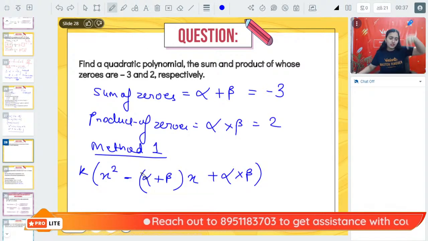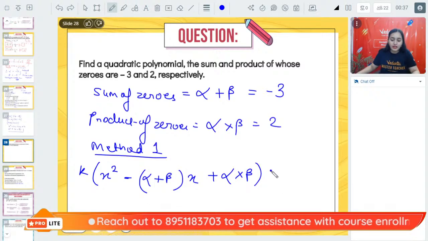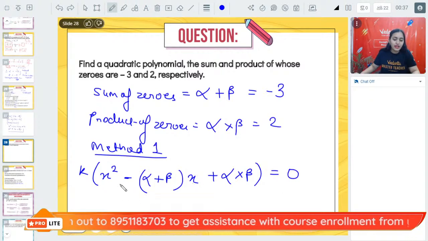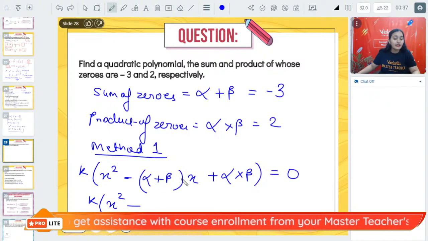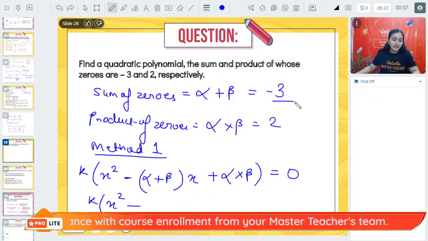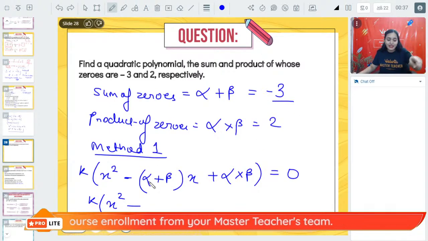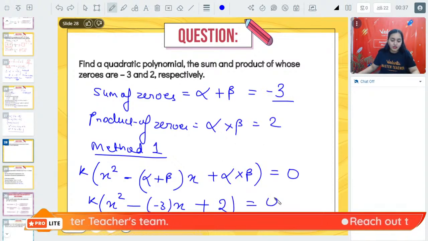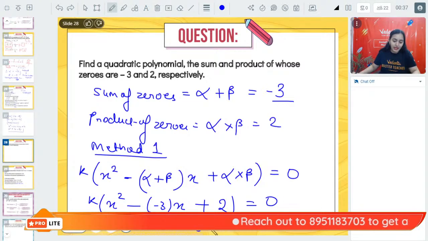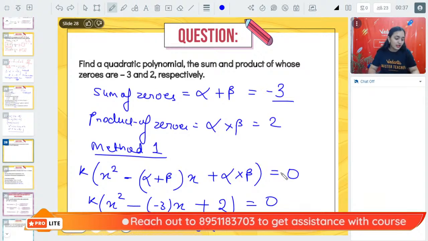Once you put the values here, what are you going to get? k into x square minus, what is alpha plus beta? Minus 3. So minus of minus 3 is plus 3, right? What is alpha into beta? 2, is equal to 0. So finally you are getting x square plus 3x plus 2 is equal to 0. That is our polynomial, right?